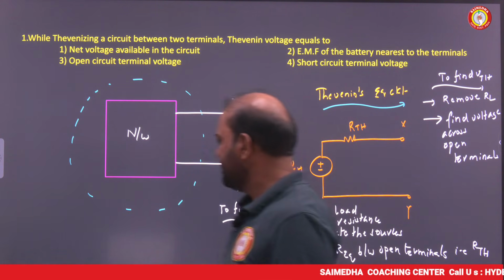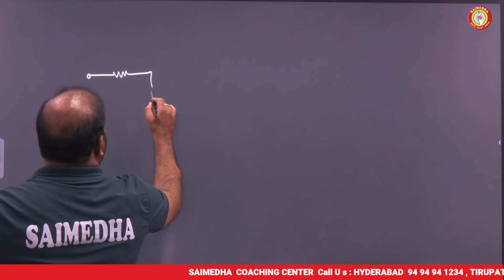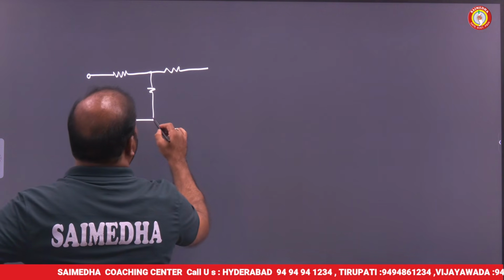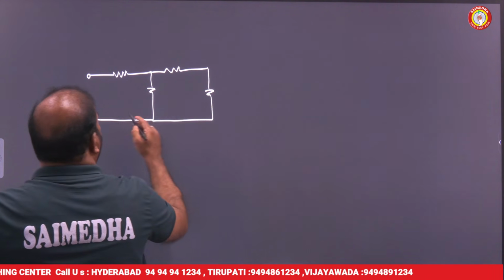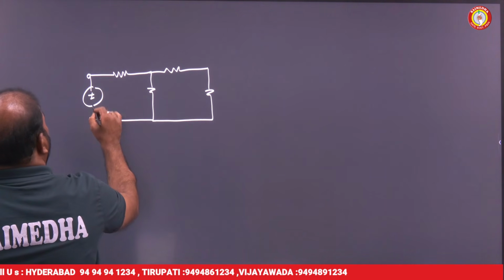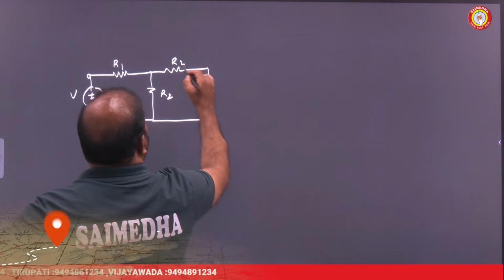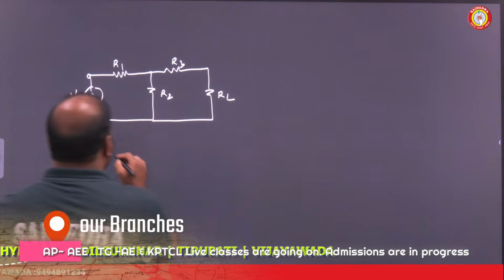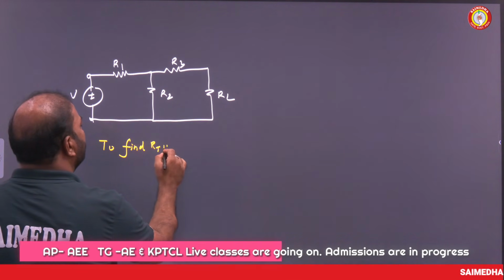For example, if I take this circuit with R1, R2, R3, and assume this is RL. To find RTH, what do we need to do?